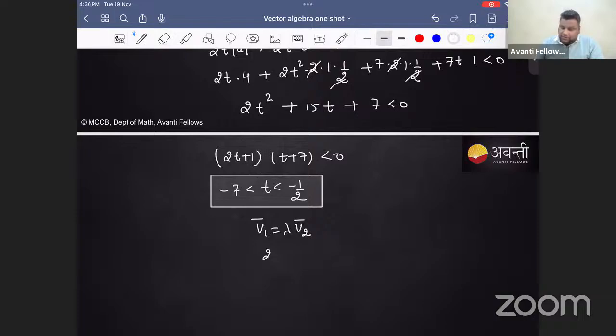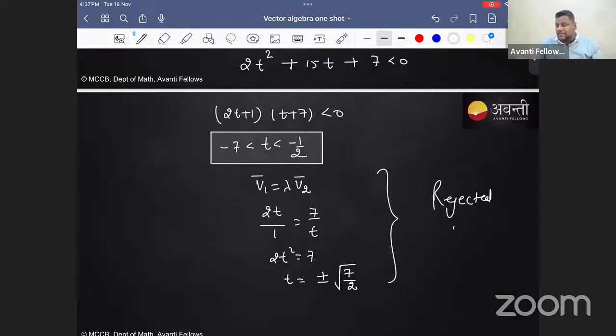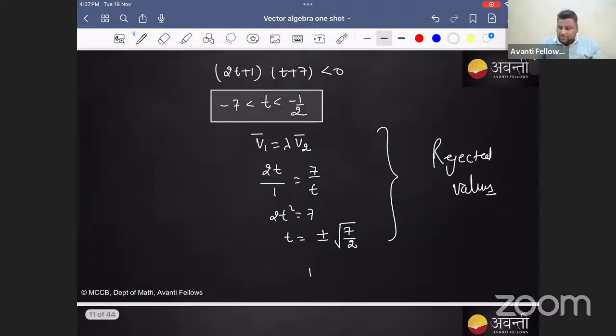That means 2t upon 1 is 7 upon t. So 2t square is 7. That means t is plus minus root of 7 by 2. So I have to keep it in the rejected values. So finally your t belongs to what?